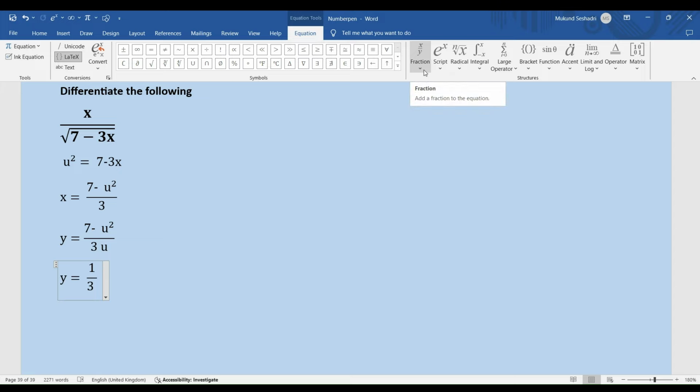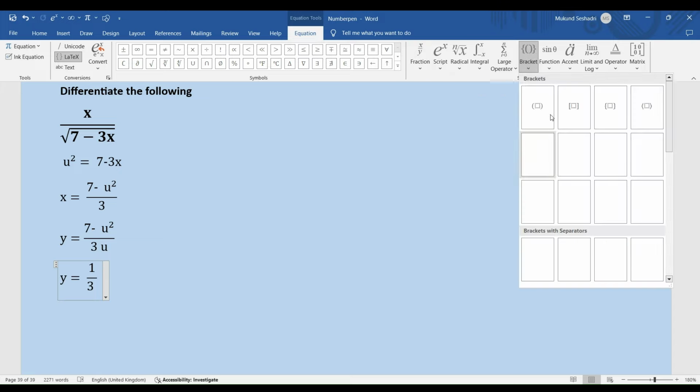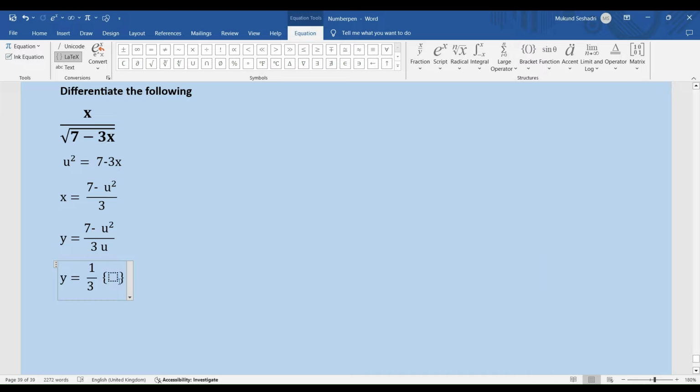I'm going to write it like this. Let me open my brackets. 7 by u minus u square by u becomes u, right? So this is what I have for y in terms of u, right?